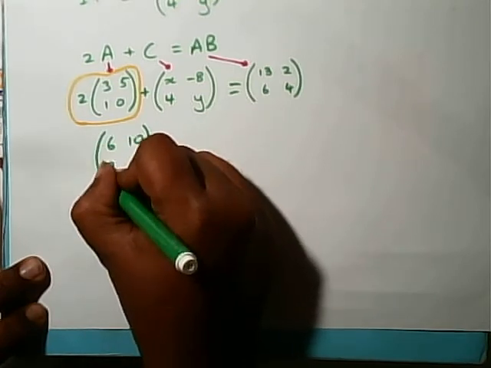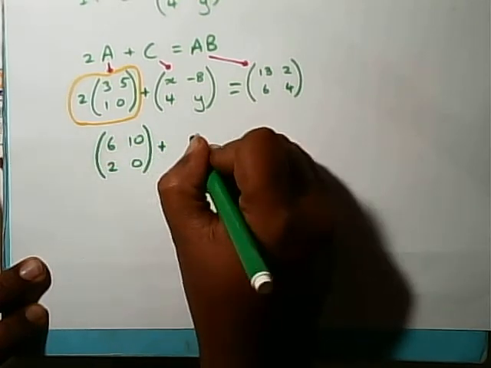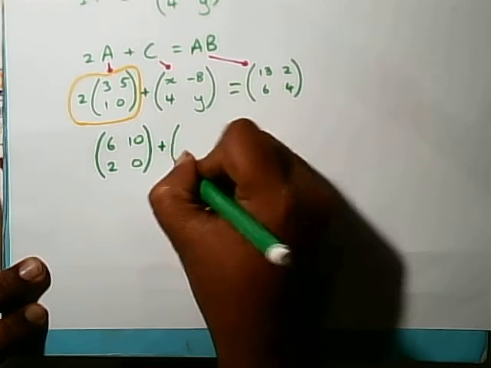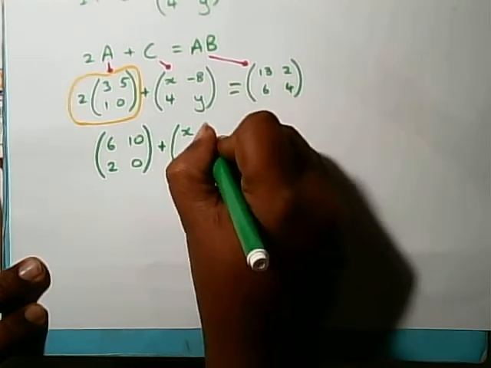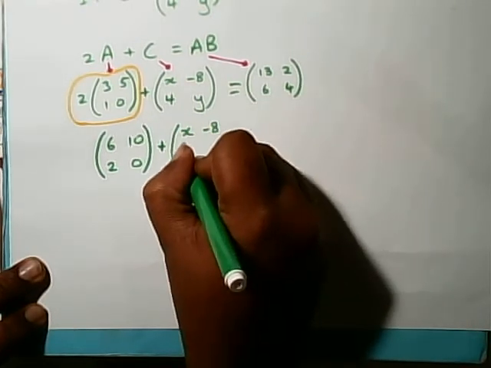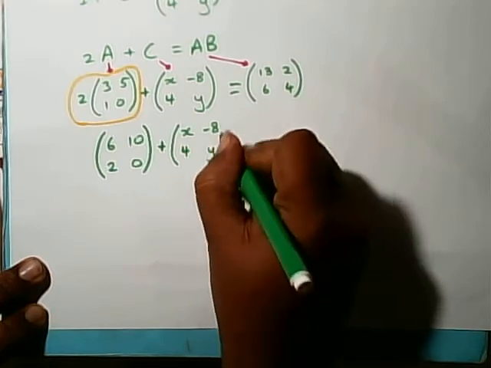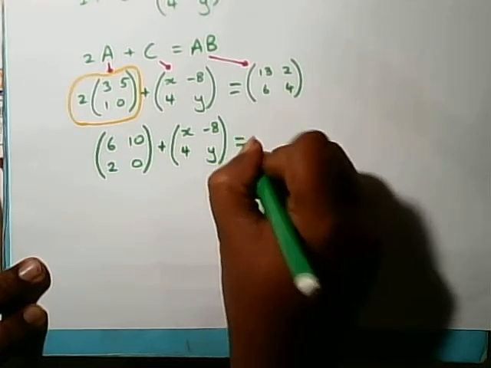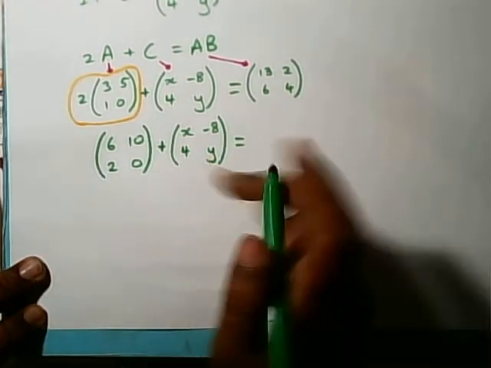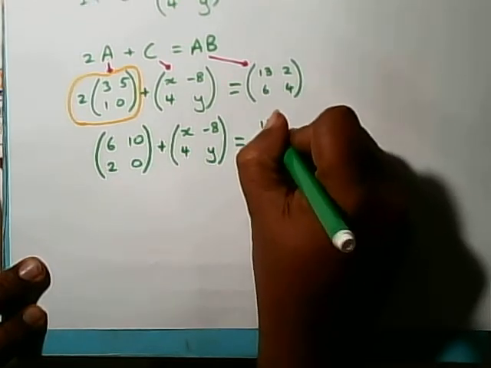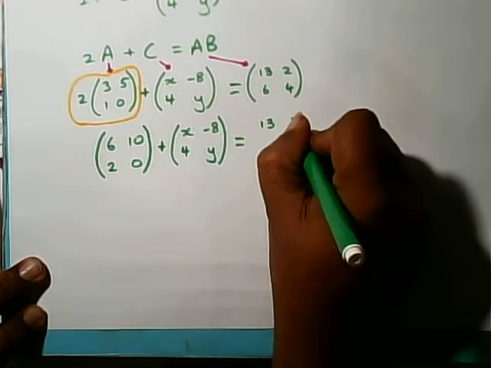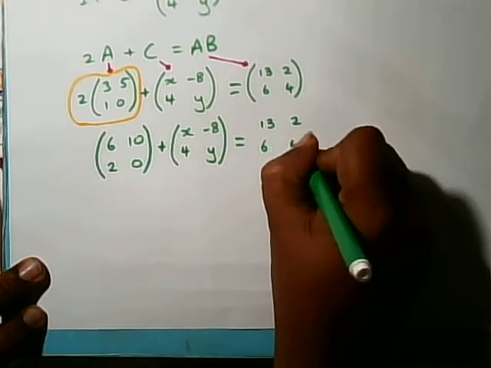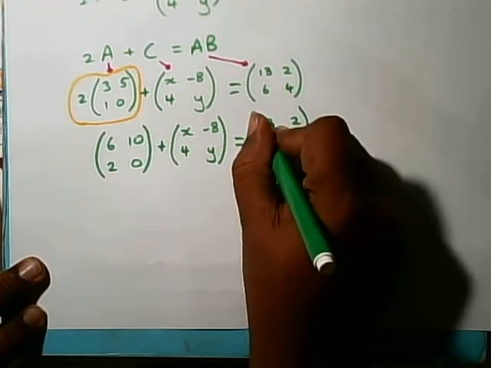We have this being added to X, minus 8, 4, Y. And if we add these things, we're supposed to get 13, 2, 6, and 4.